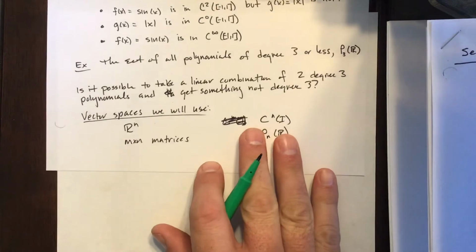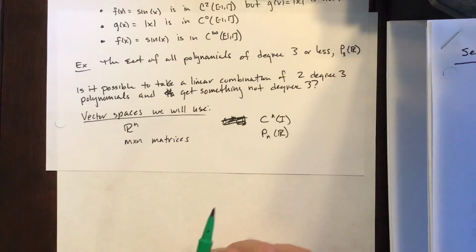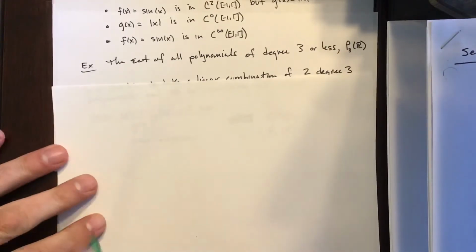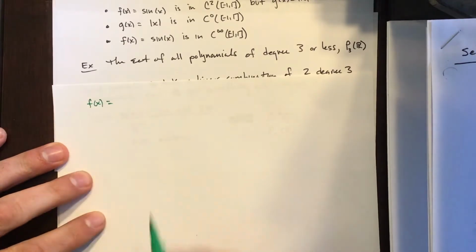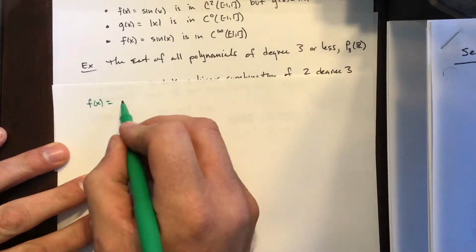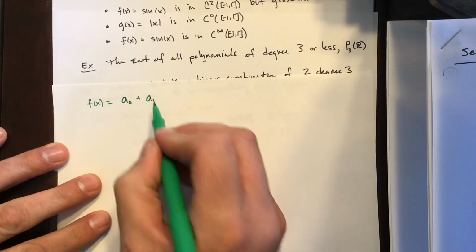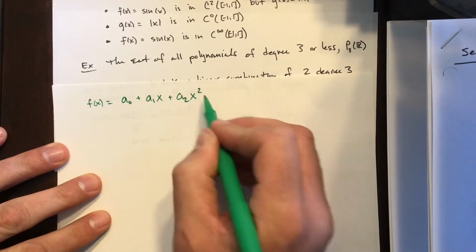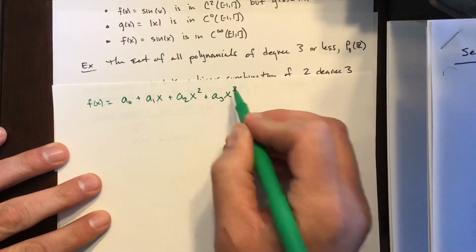The set of all polynomials of degree 3 or less. Let's take a look at that example. That's going to be a vector space. The set of all polynomials of degree 3 or less. So a generic element in that set is a polynomial: you will have a0, your constant term, plus some scalar times x to the first power, plus some scalar times x to the second power, plus some scalar times x to the third power.